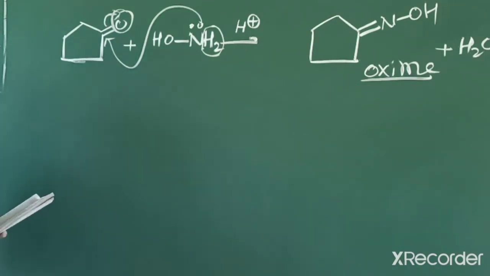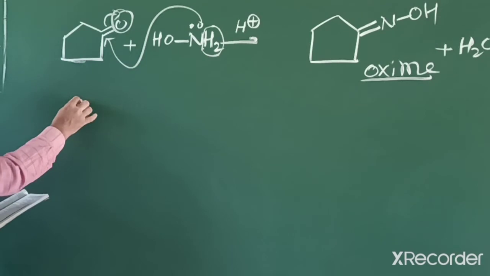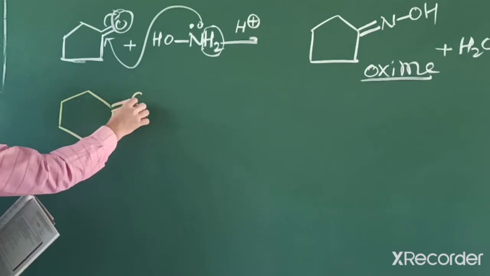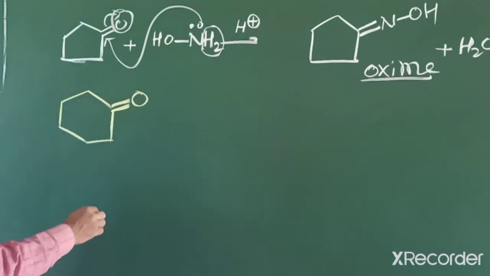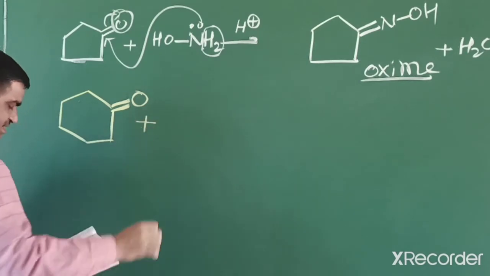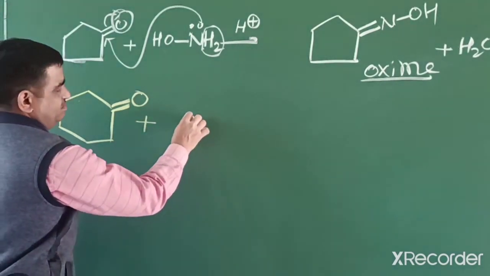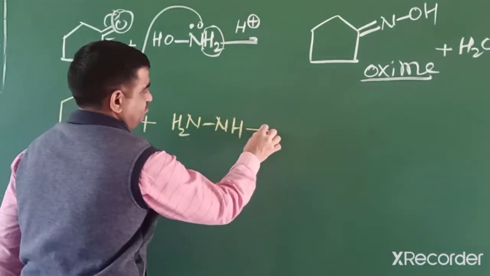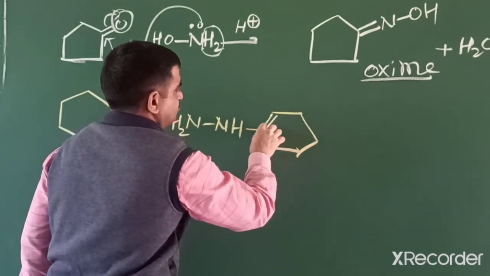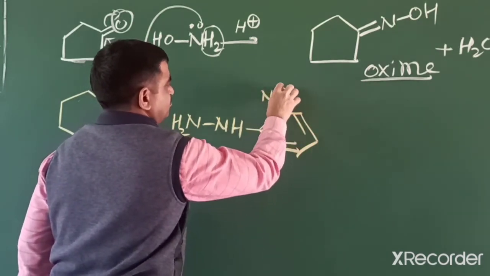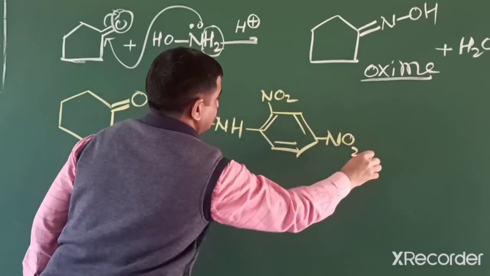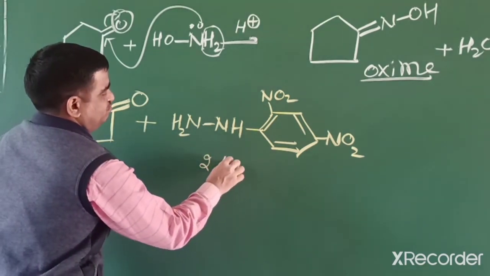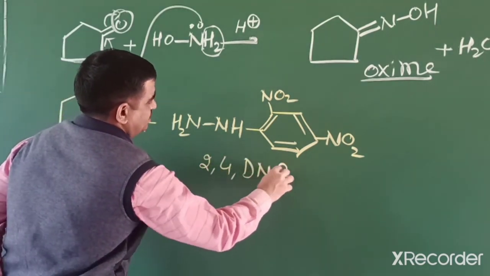Next question is given. Another ketone is written, cyclohexanone. This cyclohexanone reacts with a reagent, and such a type of reagent is written. A very important reagent, this reagent name is 2,4-DNP reagent.